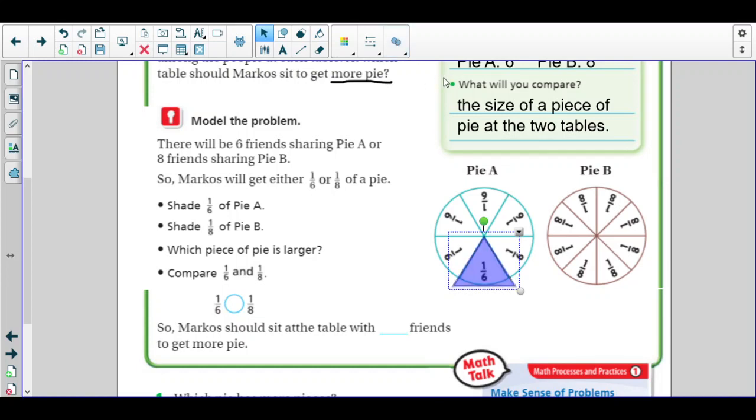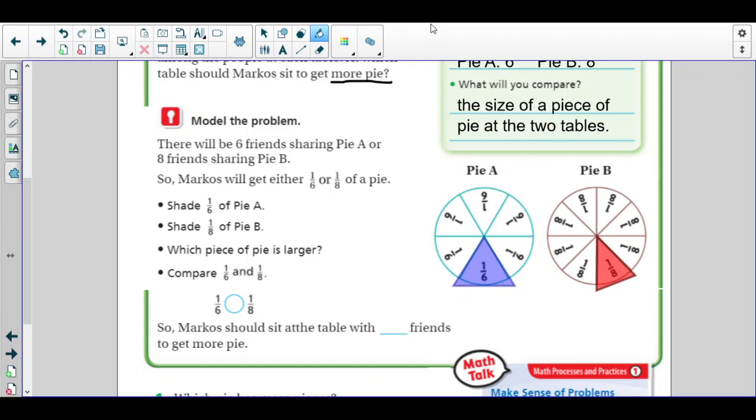So there is 1/6. And now let's get 1/8. All right, and now we've got 1/8 here, and we're going to again use that as a triangle. And we'll get that one filled in right there.